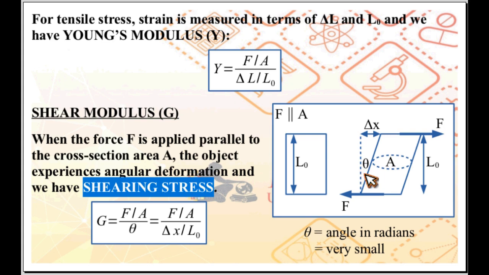So if angle theta is small and it is in radians, theta is just equal to delta x divided by L naught. So another equation for shear modulus G is stress over strain, F over A divided by delta x over L naught.